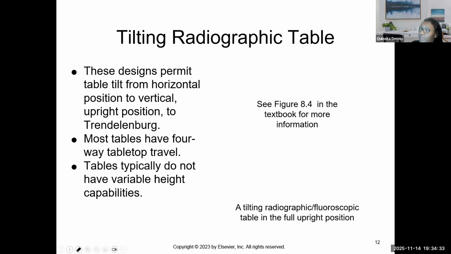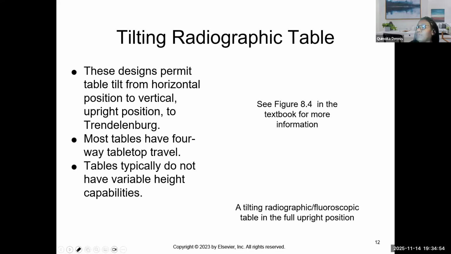All right, and this one is just going into what a tilting table actually does for us. Again, those are in the rad fluoro rooms. It permits us to tilt the table from horizontal, meaning flat, to vertical, meaning we've now stood the patient up, and then we can tilt them head down in the Trendelenburg position.